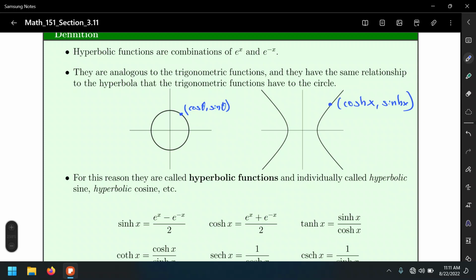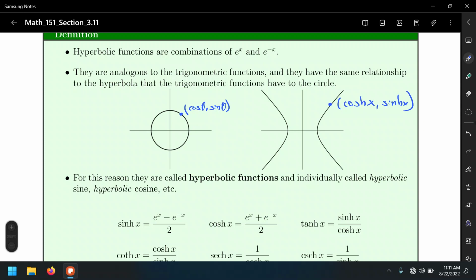But just to be consistent with the distinction between angles and other kinds of values, we keep the x's here. In fact, these points just go infinitely big or infinitely small. They do not go periodic. They do not repeat themselves after 2 pi units, so these are not angles.